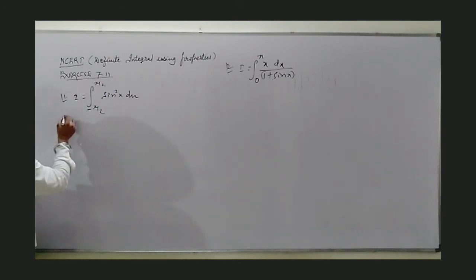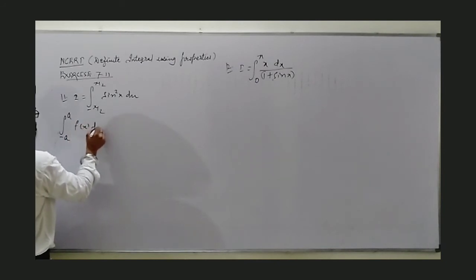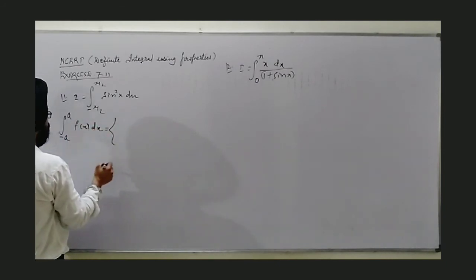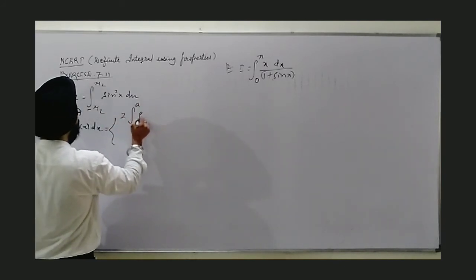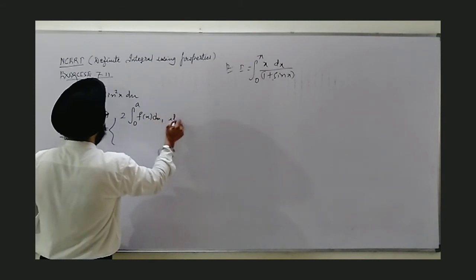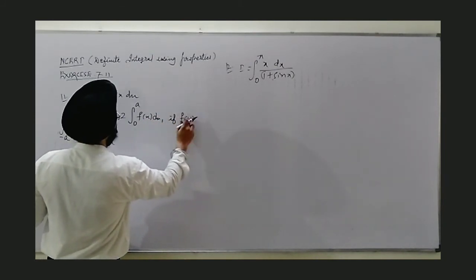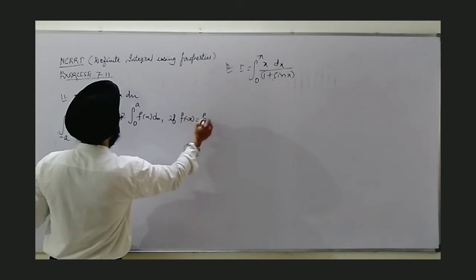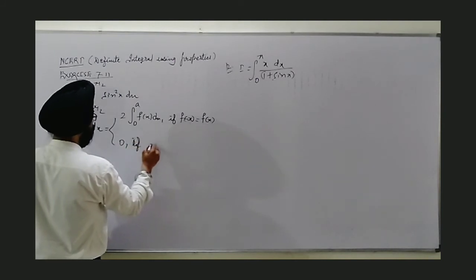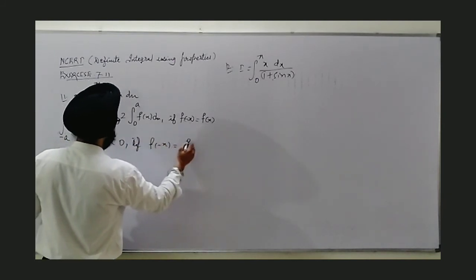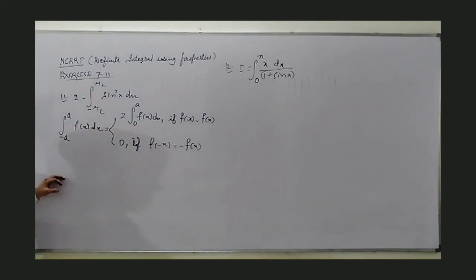It says that the integral from minus a to a of f(x) dx has two values: twice the integral 0 to a of f(x) dx if f of minus x is equal to f(x), meaning an even function. It is 0 if f of minus x is minus f(x), meaning an odd function. This we have seen in the explanation of properties.